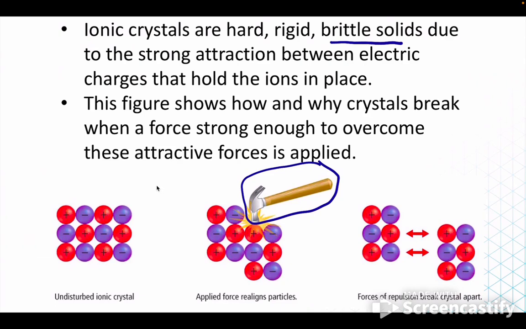And it usually breaks along the crystal itself. You don't have to really know the exacts of that, but you can see in the picture in the middle that you apply the hammer, you push that down, and then the positive and the negative are going to repel. So it'll break apart.